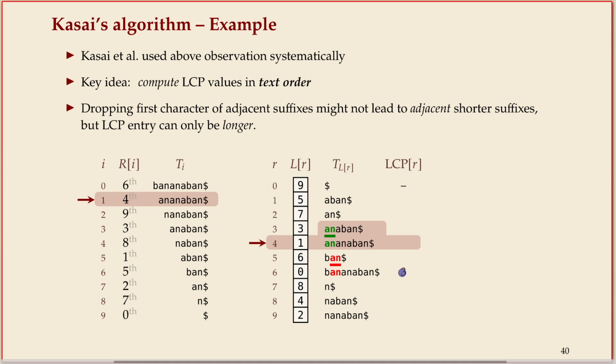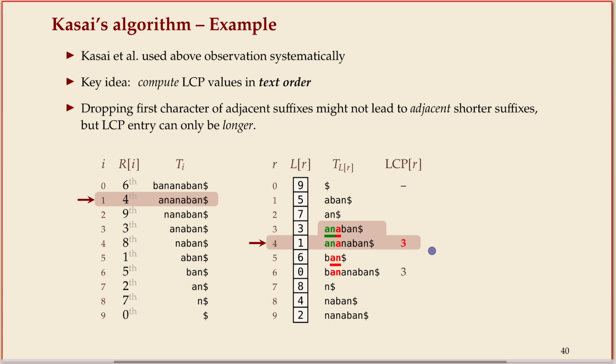Because there were 3 shared letters earlier, if I just remove this one B at the beginning, I have 2 matches, 2 characters that definitely are the same without checking. So I don't need to compare those 2 again. These are for free. And I start comparing one character after that. In this case, there's one more character, but then the 2 strings differ. So I have another entry of 3. But I only paid 1 comparison to get it. The other 2 were for free.